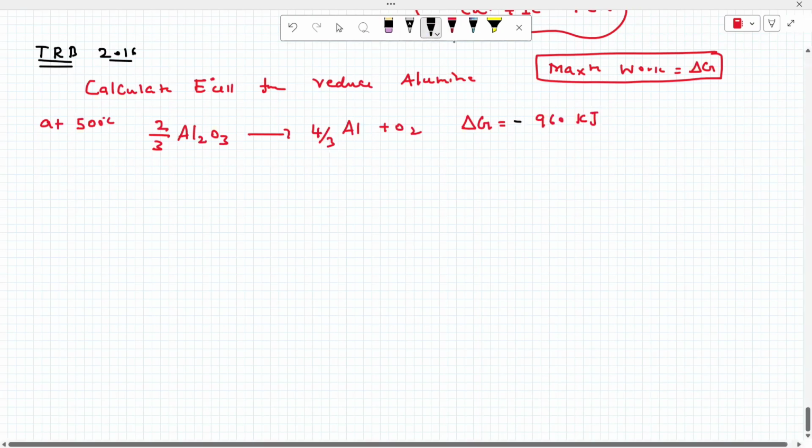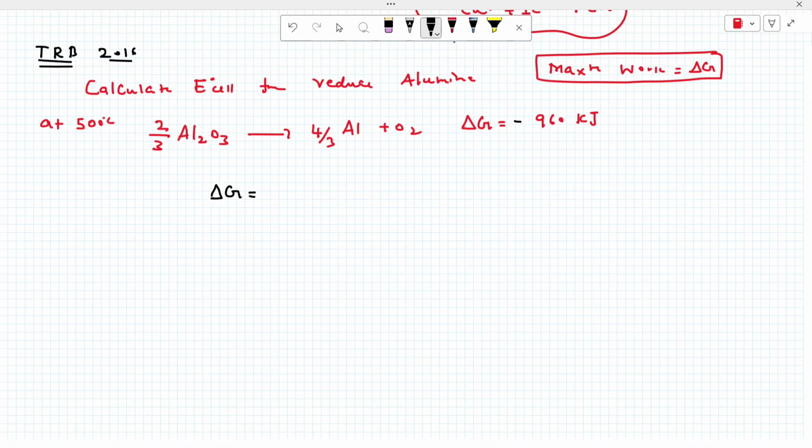Now what is the formula we know? Delta G is equal to minus nFE naught cell. Therefore, E naught cell equals minus delta G by nF.